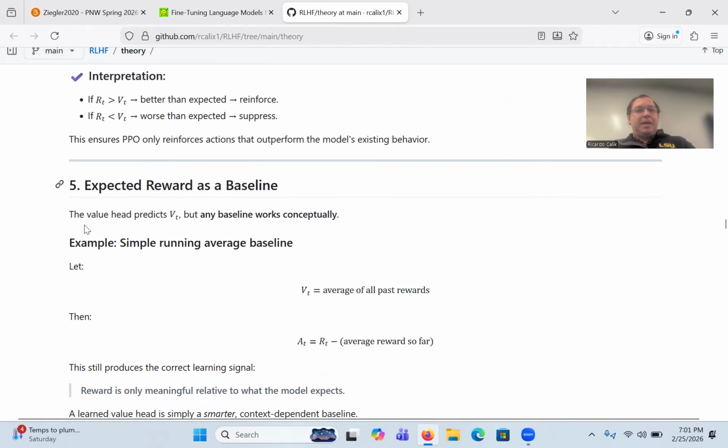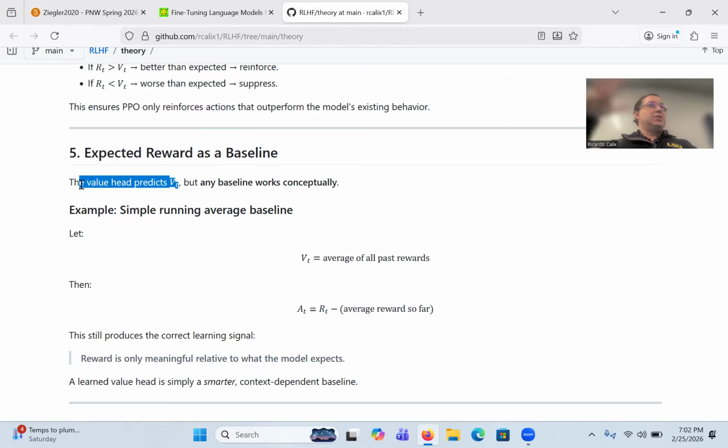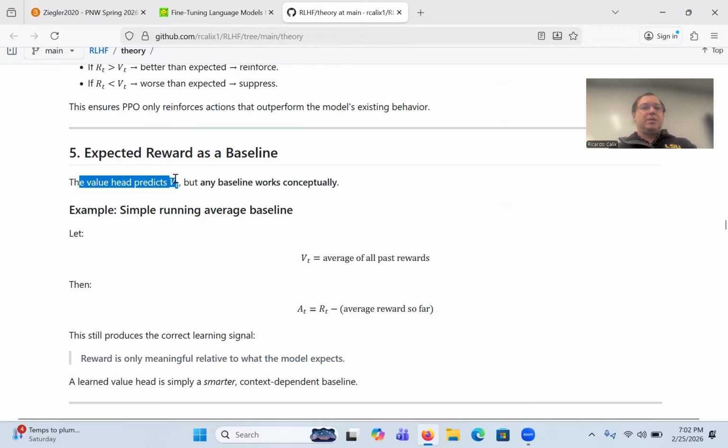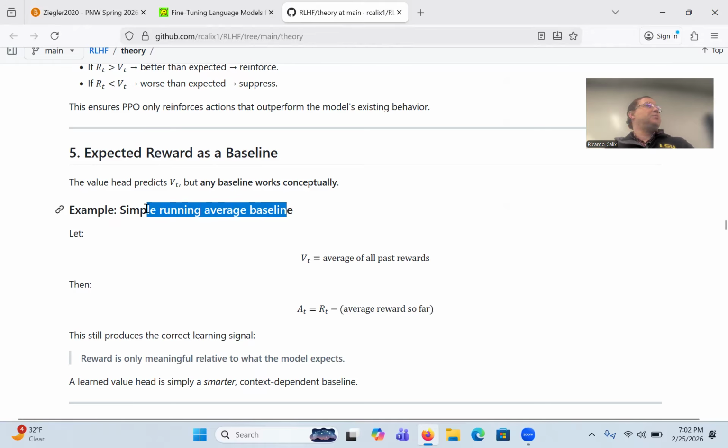Expected reward as a baseline, so the value head predicts VT. Sometimes the approach is to have either another neural network or the GPT has a head to provide another reward based on what it's been trained on in the past. But any baseline works conceptually, okay? So for the sake of understanding, let's just consider a simple running average baseline. This is, to me, more intuitive.